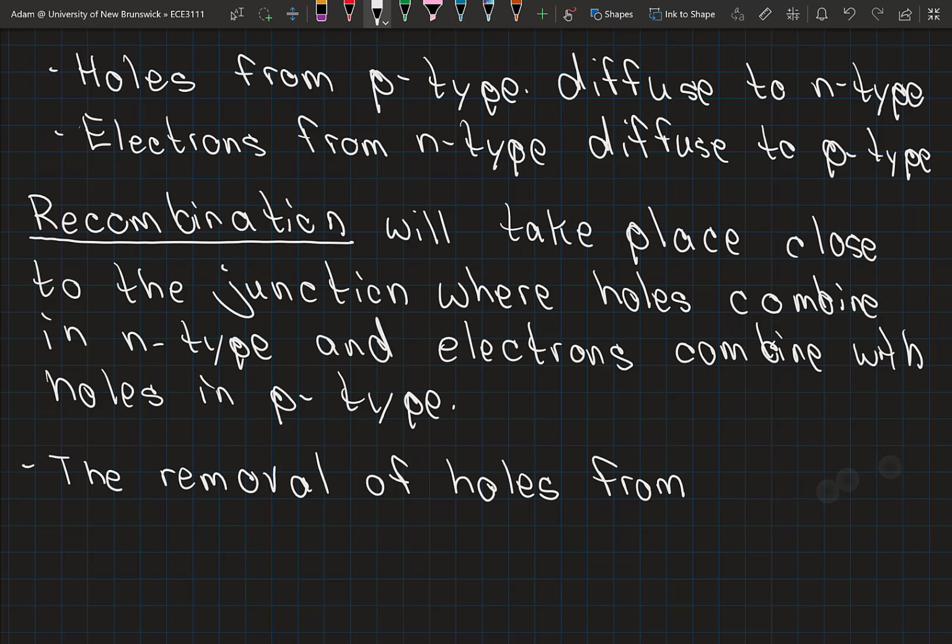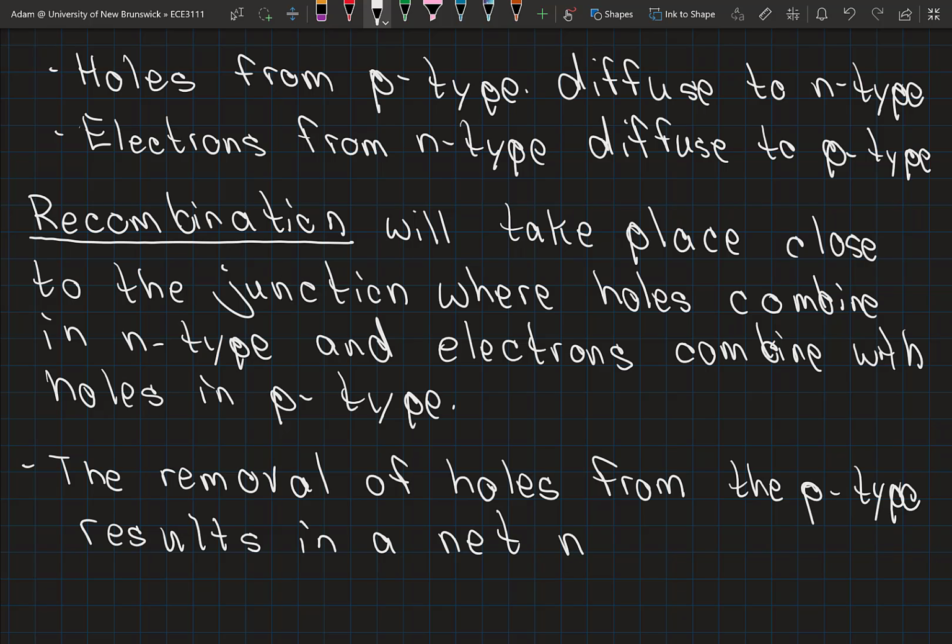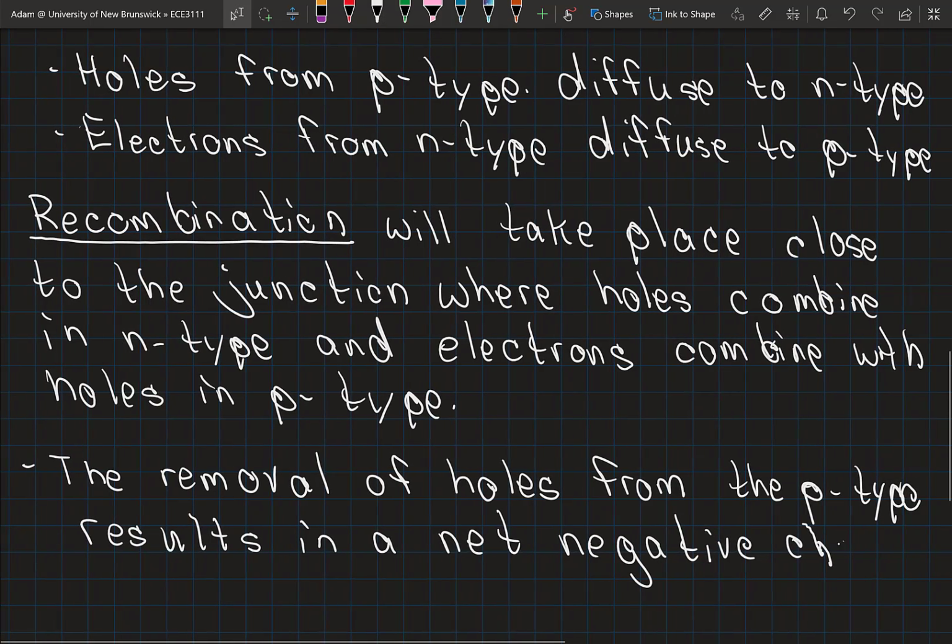Okay, so removal of holes from the p-type is going to result in a net negative charge in that p-type material.